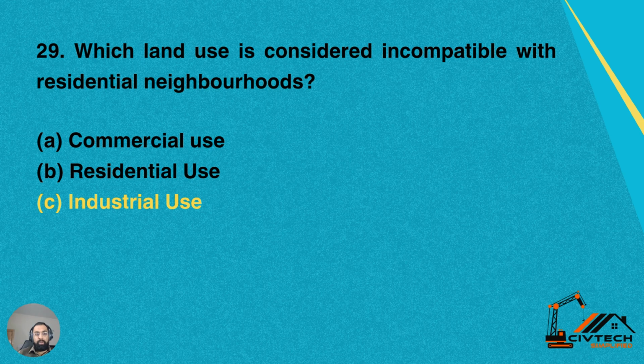Of course it's not commercial use, it's not residential use, it's industrial use. Industries are normally not planned within the residential area. They are planned on the other side of the residential area due to various reasons: their traffic, their pollution, and their drainage, etc. So that's why option C for this question is correct.